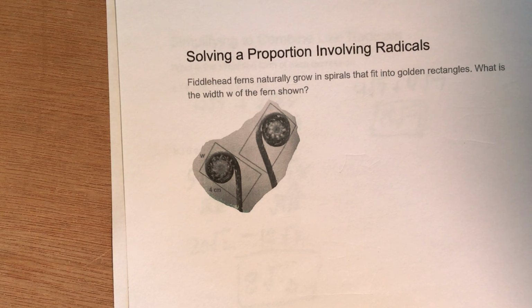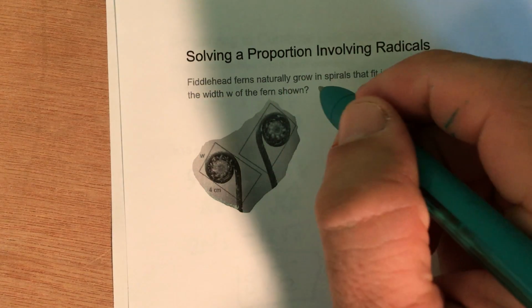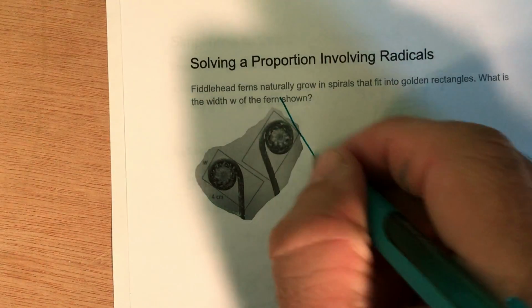So we can't do this one because I didn't put enough information on it. If you follow through on the book, you should be fine. It basically gives you what the width of a golden rectangular width should be. So that being said, my bad.